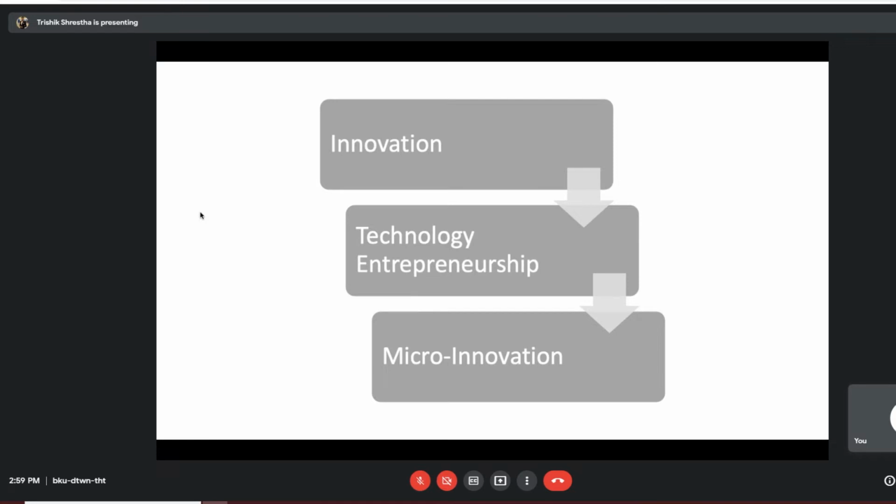But just because it's on a smaller scale does not mean that the impact these small changes have is going to be small. Just the example of Walmart. Small change on a very small scale, but the impact was high. So this is where we are moving forward. This is our understanding of micro innovation.